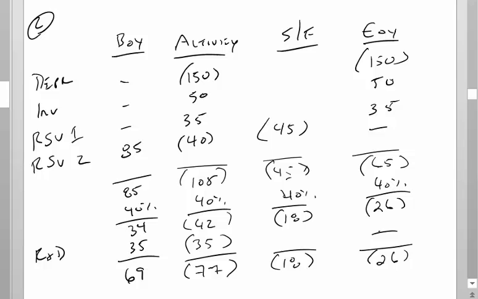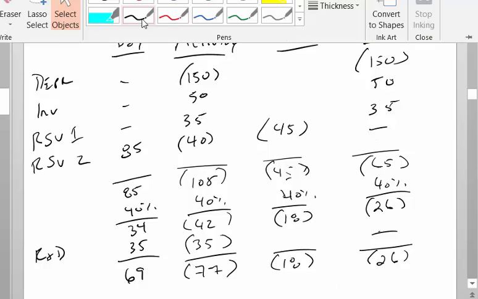What I mean by that is I'm going to break my journal entry into two entries for deferreds. This will be entry number 1, and this will be entry number 2. So for the activity, my deferred assets are going down.